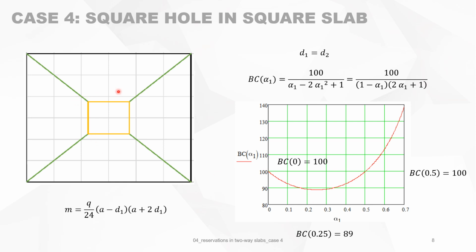So when you make a centric hole in a square slab, and the dimension of the hole is 1/4 of the size of the slab, then you reach a loss in bearing capacity of 11%. So this is indicated by this zone. This is the dangerous zone, in fact. So making a reservation in a square slab in the center, be careful, stay out of this zone.